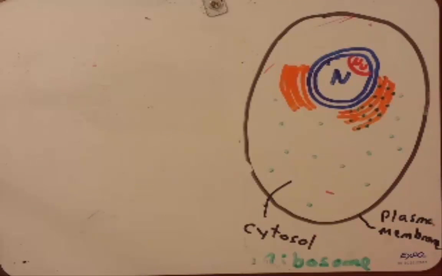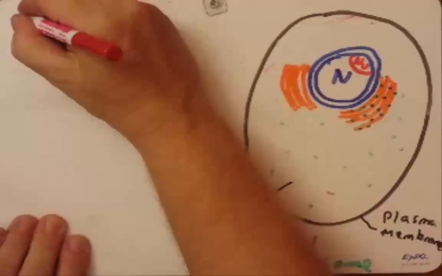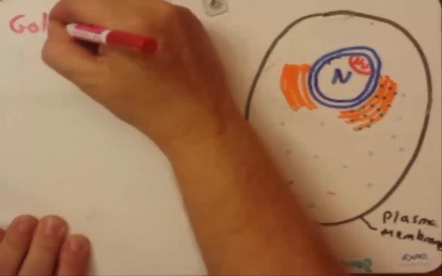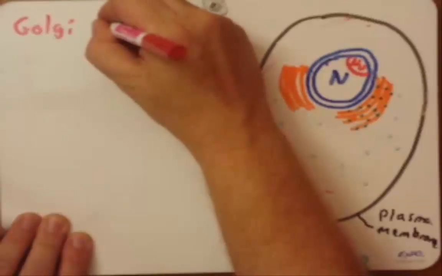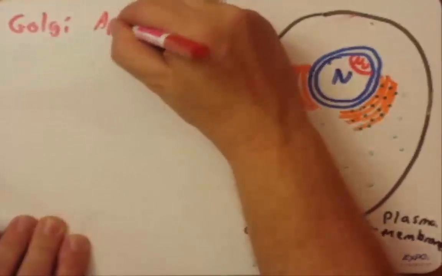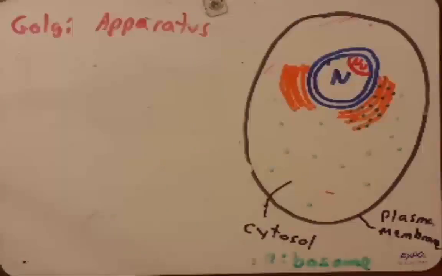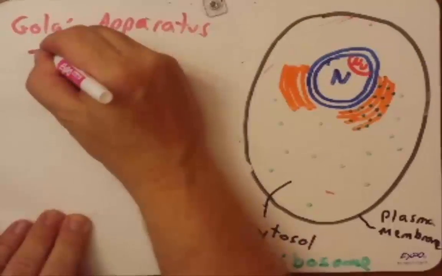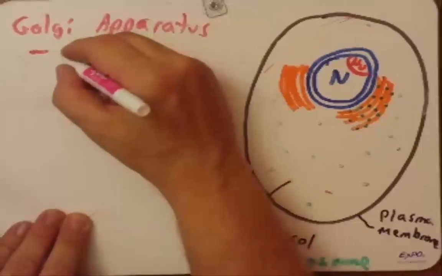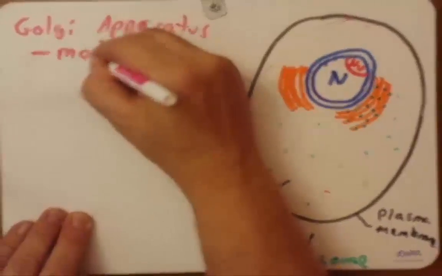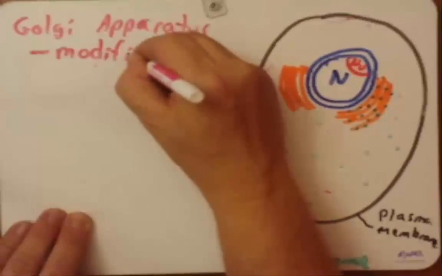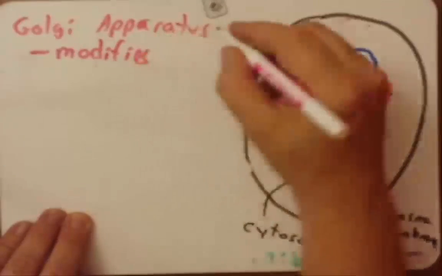All right, the next thing I want to talk about is the Golgi apparatus. The Golgi apparatus is very important in modifying proteins. So it modifies proteins.